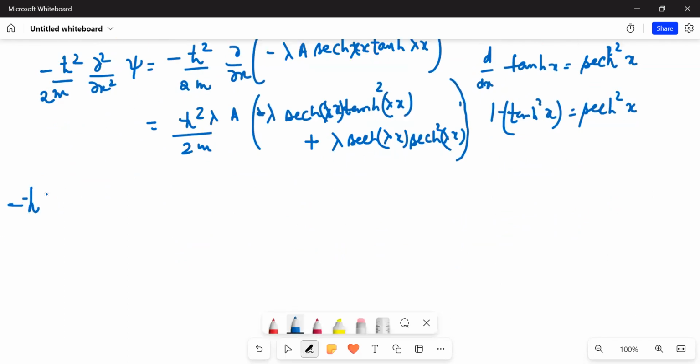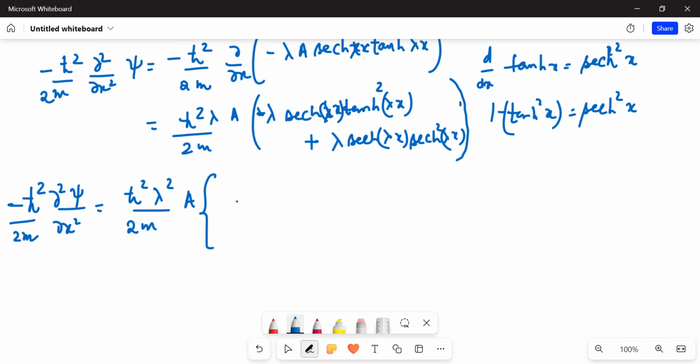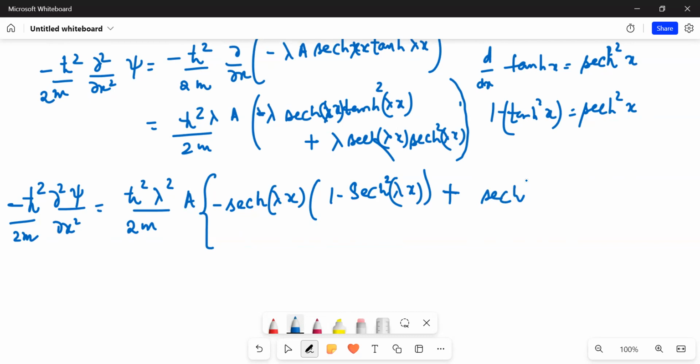Now from here it is quite clear that minus ħ² upon 2m del²ψ upon del x² is equal to ħ² λ² upon 2m times A, and inside we have sech²(λx) instead of tanh²(λx) plus sech³(λx). This λ goes out.